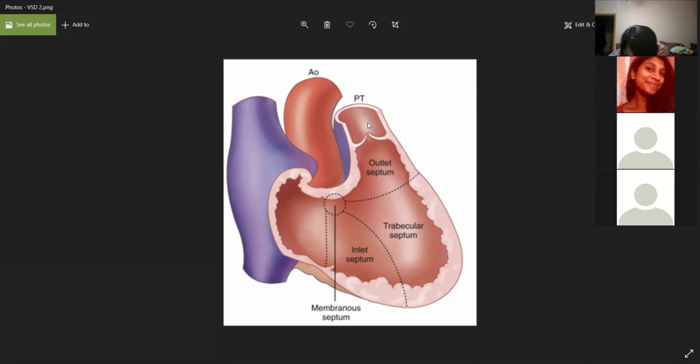Forgot the name. Apex. Oh, apex. Apex is on the left side, right? Yeah, all right, correct. On your left side, your lower sternal border. So you can hear a pansystolic, holosystolic murmur on your lower sternal border with or without thrills.